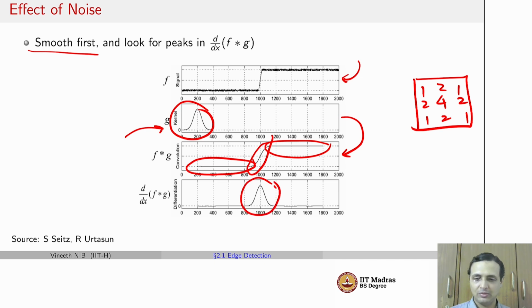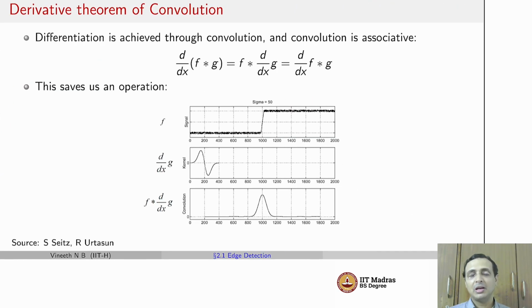There's more to it than what we just saw. Remember again that we said that convolution has some nice mathematical properties that correlation doesn't satisfy, and we're going to use one of them to make our life easier. Remember that convolution is associative.